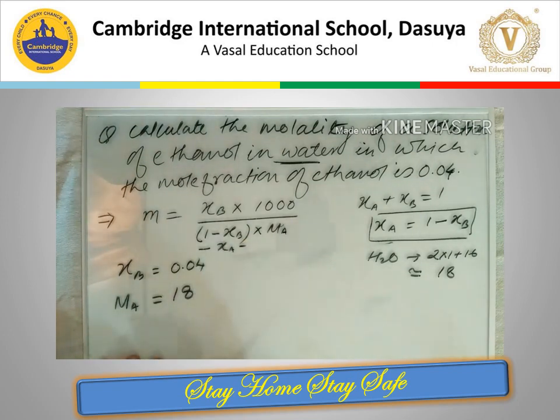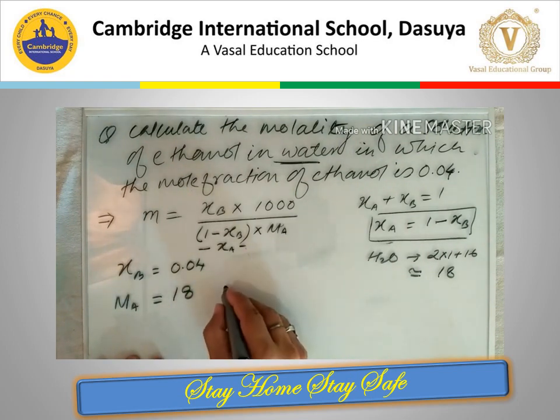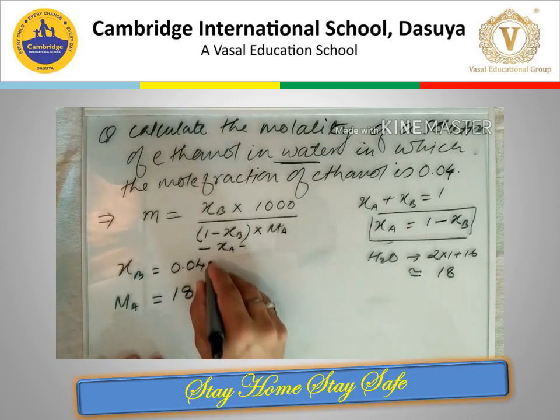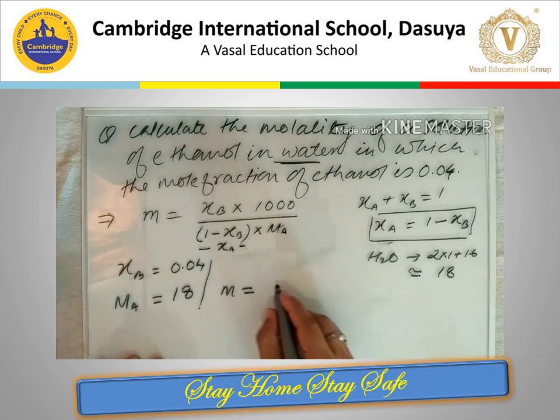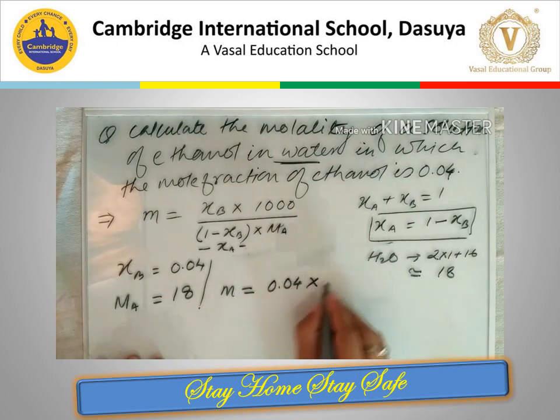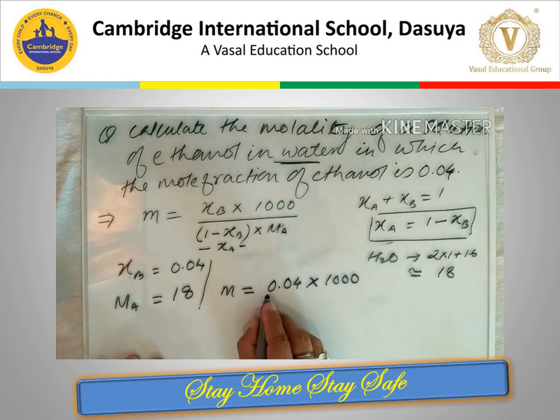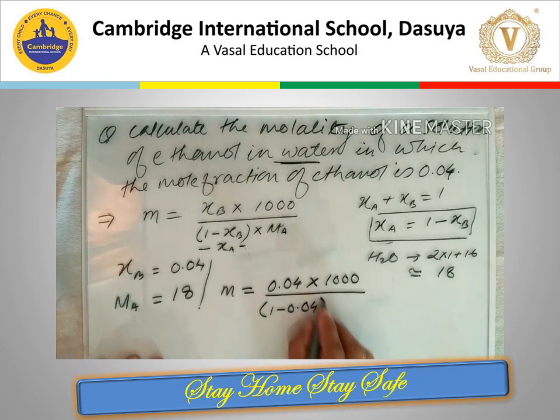Putting all these values in the above equation, we have molality m equals mole fraction of the solute, 0.04, into 1000 upon 1 minus 0.04 into 18.